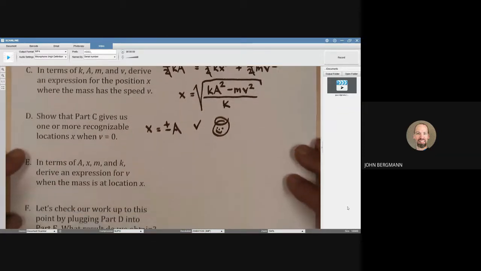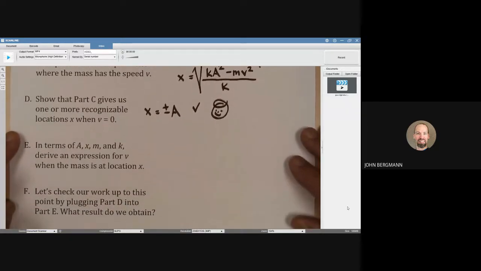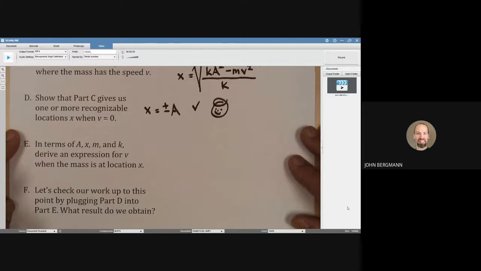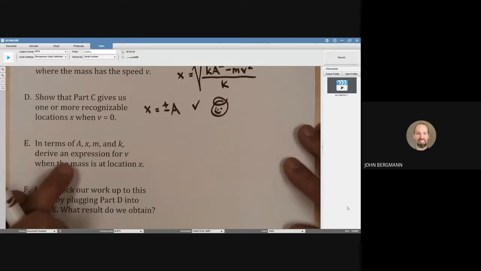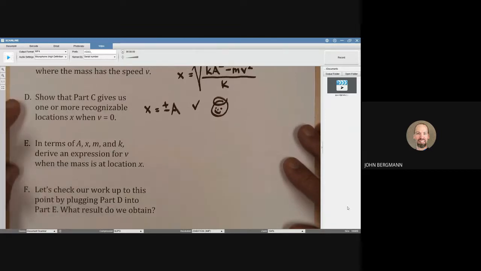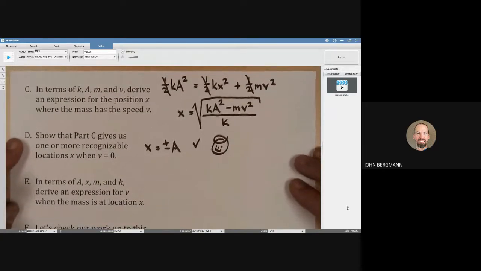How about letter E? In terms of A, X, M, and K, derive an expression for V when the mass is at location X. So we're going to do essentially the same thing here, except we're going to solve the equation for V instead. So let's go back up to the top. It would be the same equation.